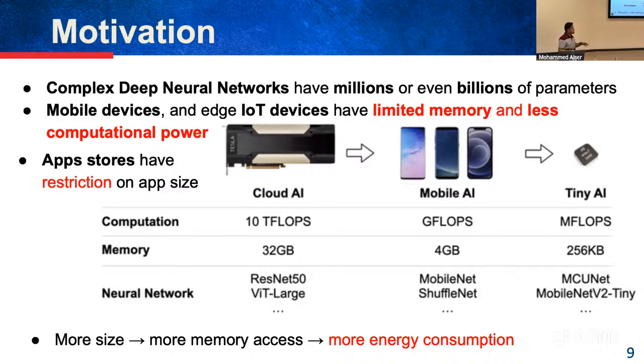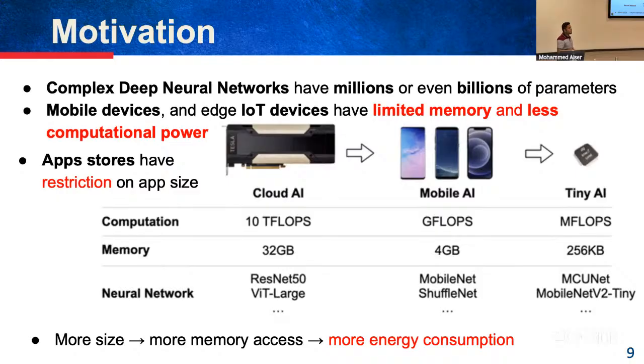There are different types of applications, hardware, and devices, for example cloud AI, mobile devices, and tiny AI. We can see that the memory is different for tiny AI, mobile AI, and cloud AI, and the computation power is also different, right?